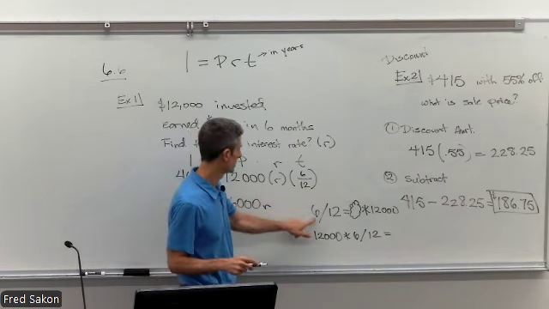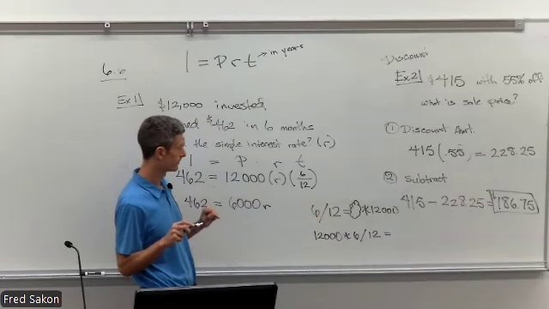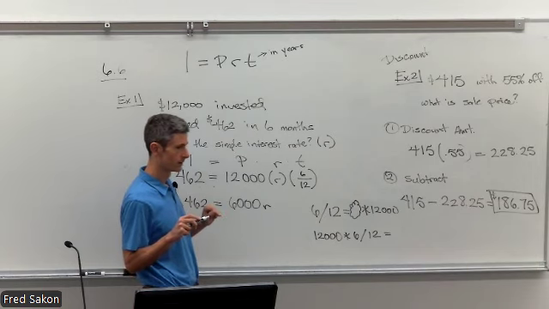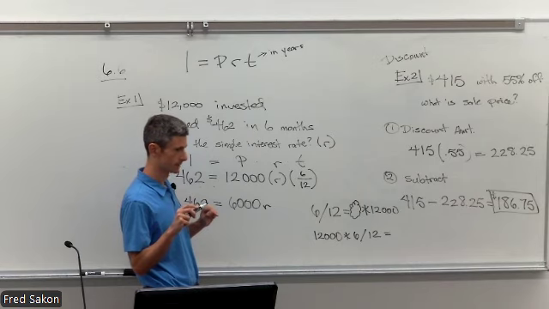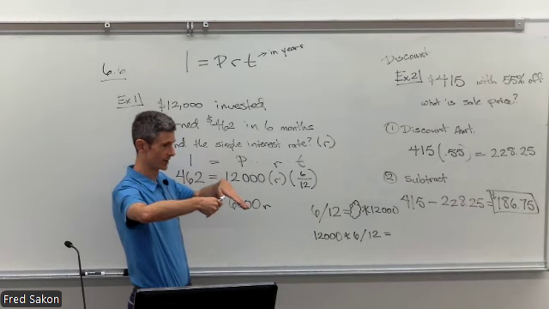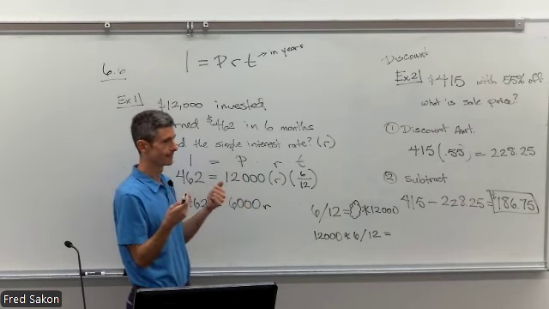So do 6 divided by 12 for me. Go ahead, 6 divided by 12. So that is sitting in your calculator right now. Now just do times 12,000.